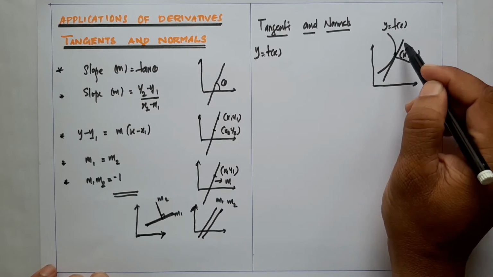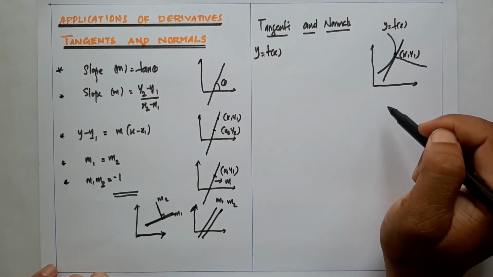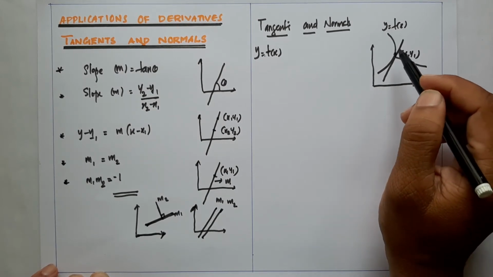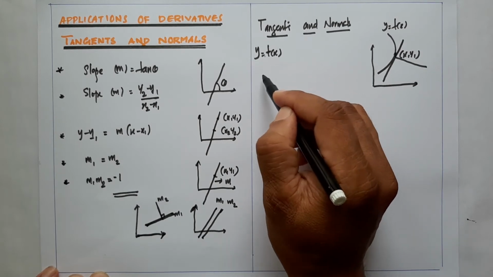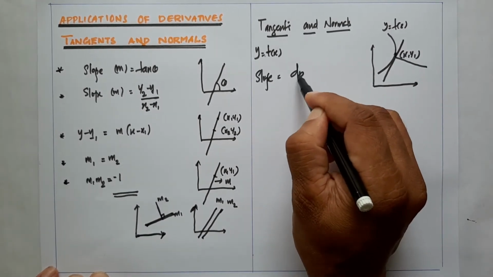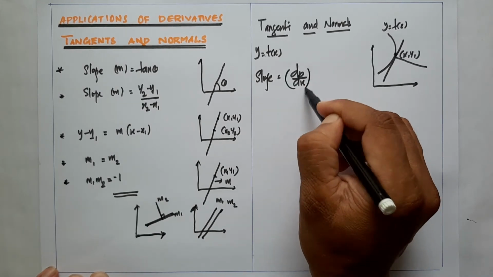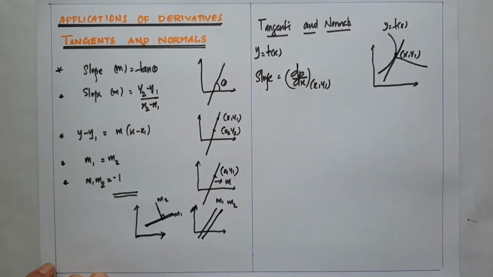Then using this curve, we find the slope of the tangent using derivative. First of all, we find the derivative of the function y is equal to f of x. Slope is equal to the derivative dy by dx. Then at the touching point x1 y1, we get the slope of this line. This is the third method for finding the slope of a line.